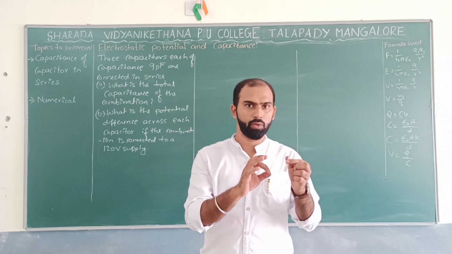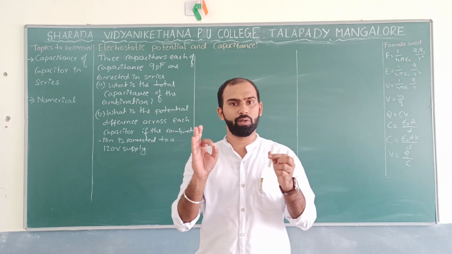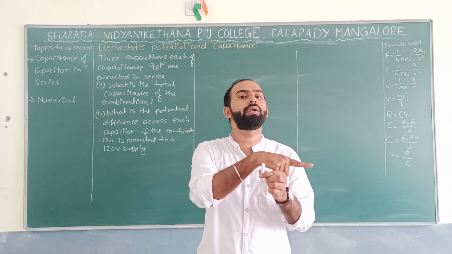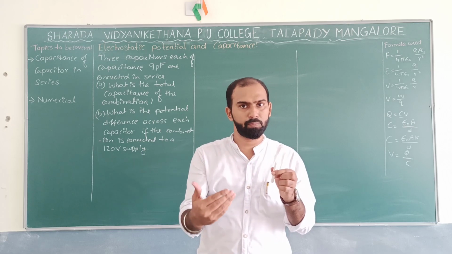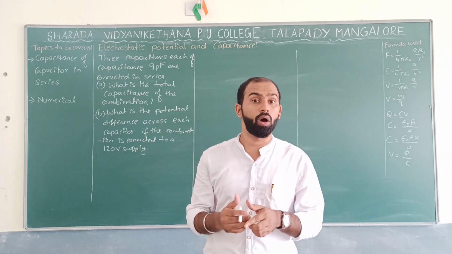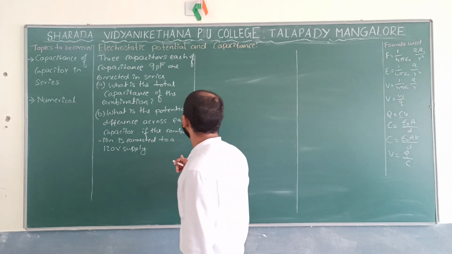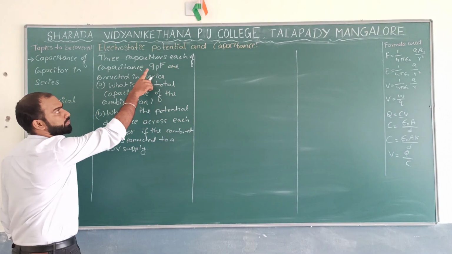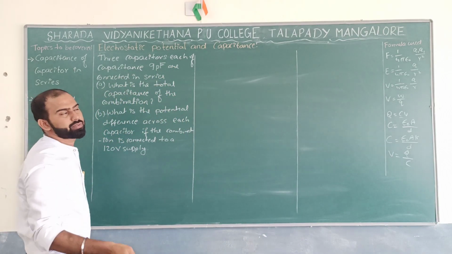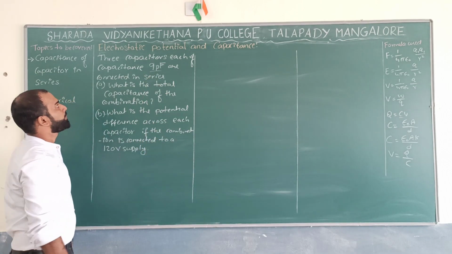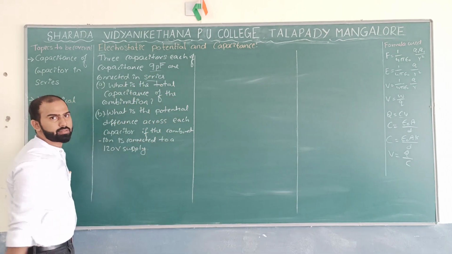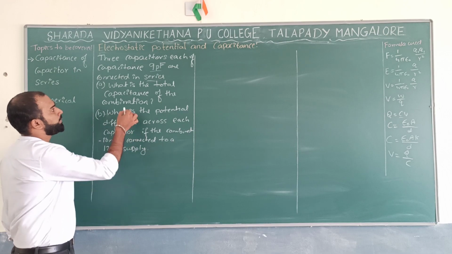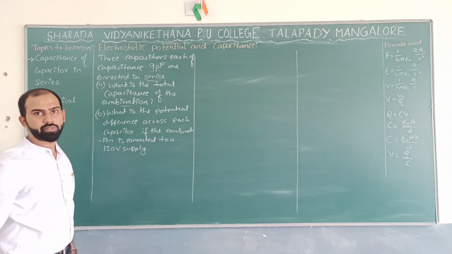If I connect these 3 capacitors, what is the equivalent capacitance I can expect? That we have to solve over here. Each capacitor has a capacitance of 9 picofarad and they are connected in series. Now your job is to find the capacitance of this particular combination.